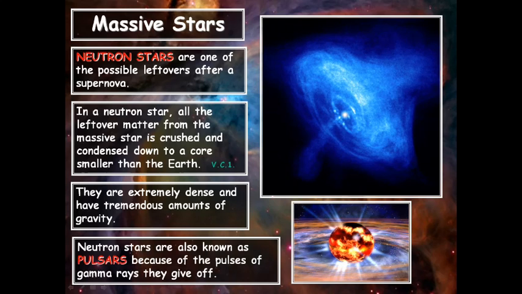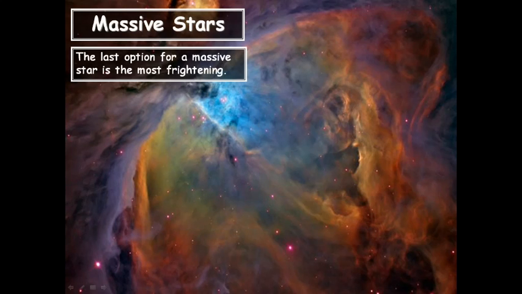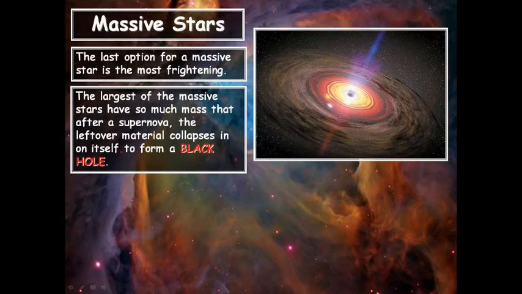So this is one of the things you get when you have a supernova. The other choice of things to get when you get a supernova is the black hole. If it is a massive enough supergiant, it will create a black hole.